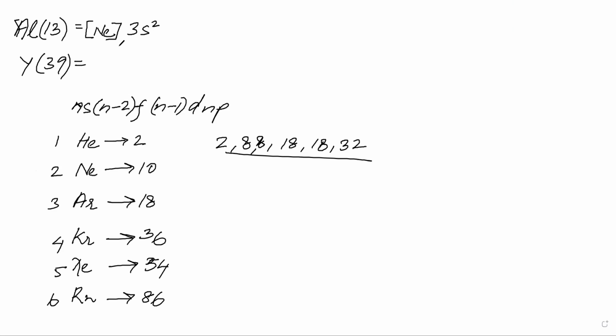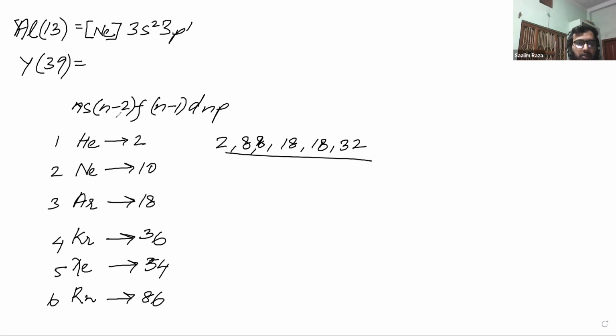Aluminium is 13, so you have only one electron left. You have written 3s2 and 3p1. Yes, right, 3p1.